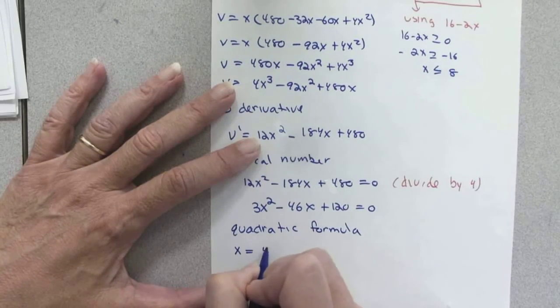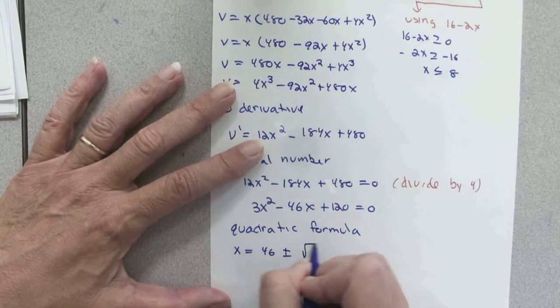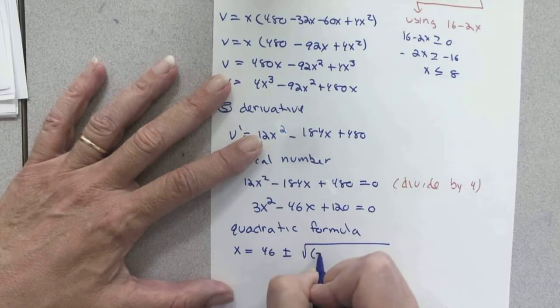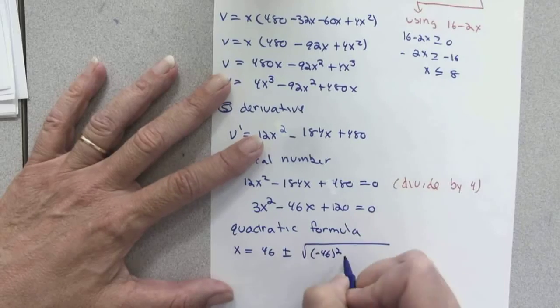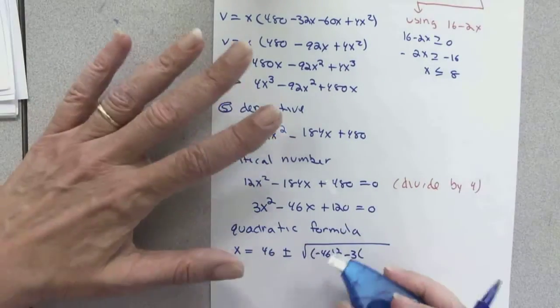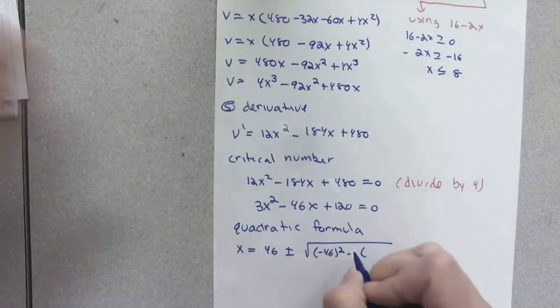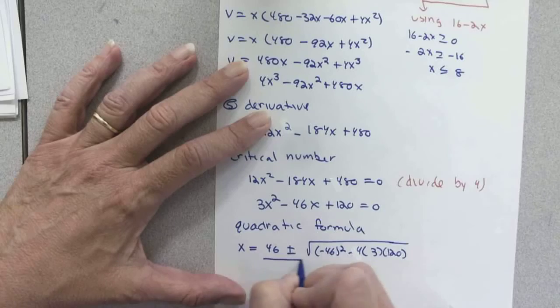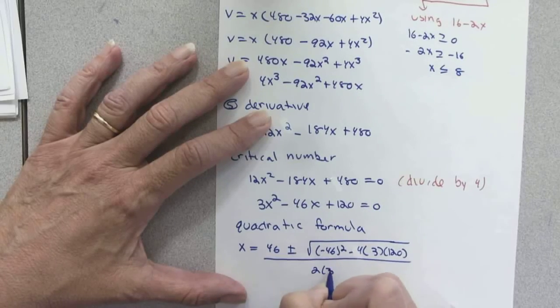And so x equals 46 plus or minus the square root of negative 46 quantity squared minus 4 times 3 times 120, all over 2 times 3.